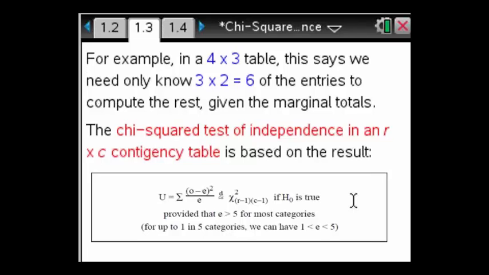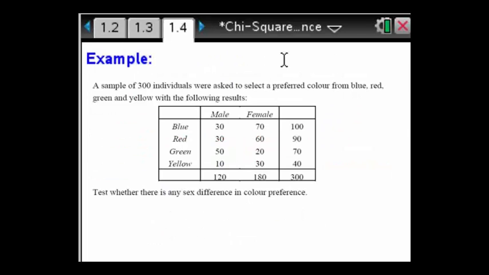Through some statistics that you probably won't mention to the students, that test statistic follows quite closely a chi-squared distribution, with degrees of freedom given by the product of R-1 and C-1. That's the case if H0 is true, provided that the expected frequencies are greater than 5 for most categories.